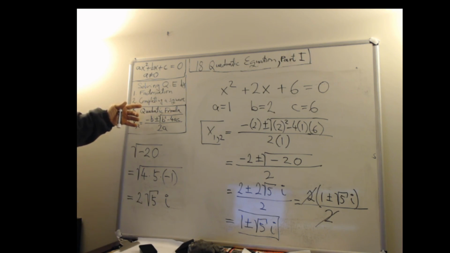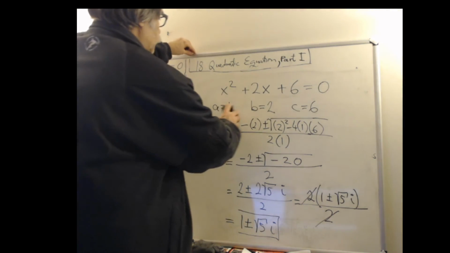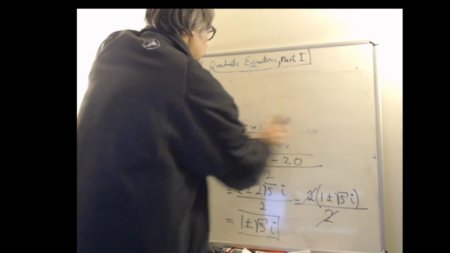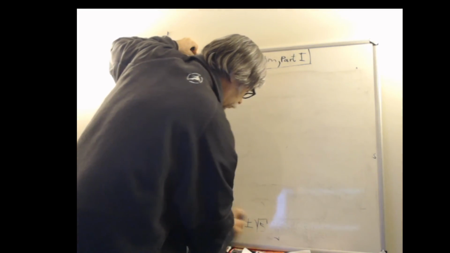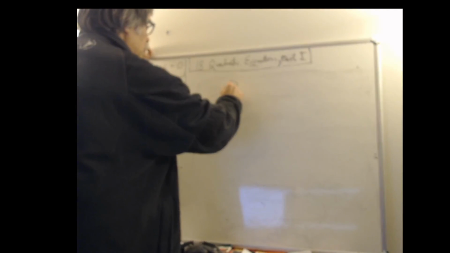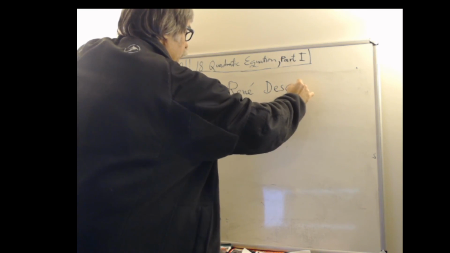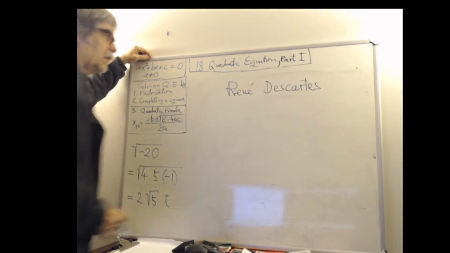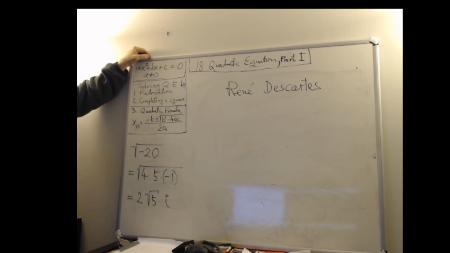This quadratic formula came out of completing a square, and the guy who came up with that formula was that same guy we mentioned from the 17th century, René Descartes. We mentioned this guy as a person who made that XY plane, the Cartesian plane. He also came up with this.